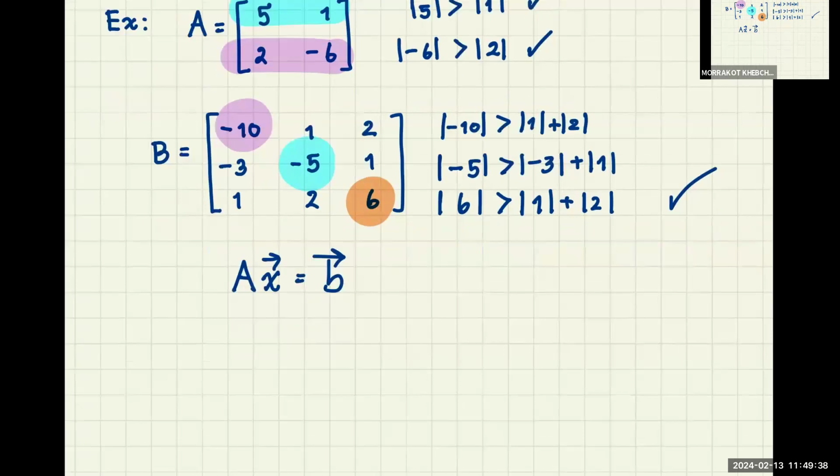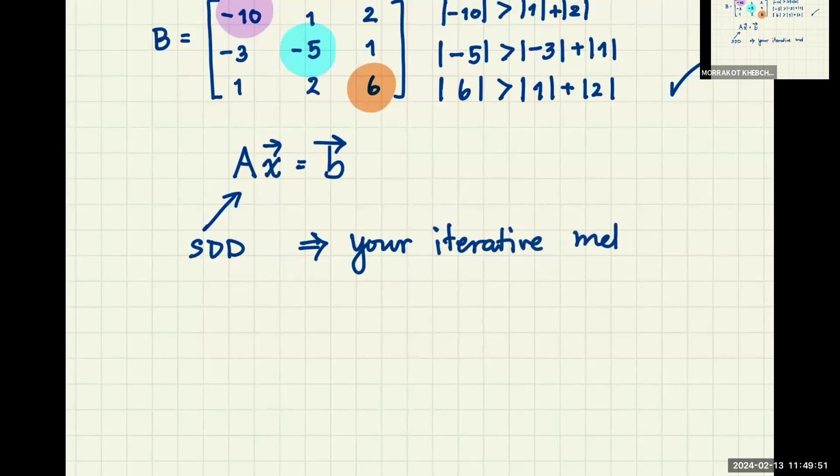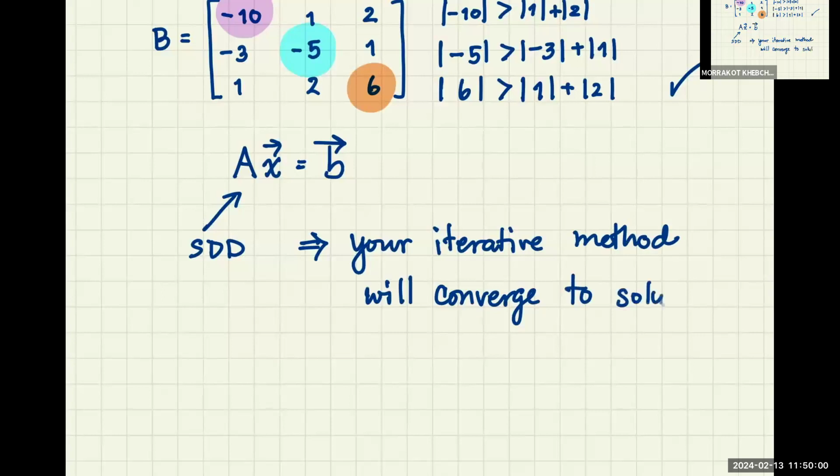If matrix A is SDD, this will imply that your iterative method will converge to the solution with any initial values.